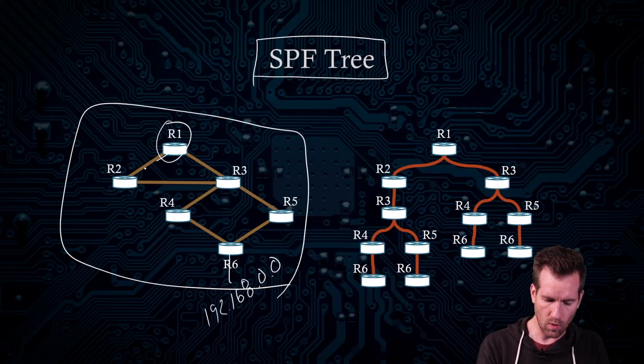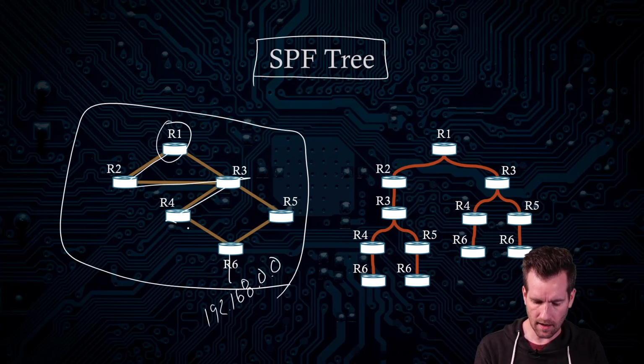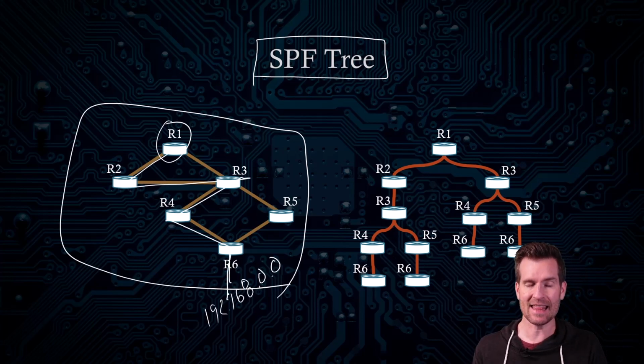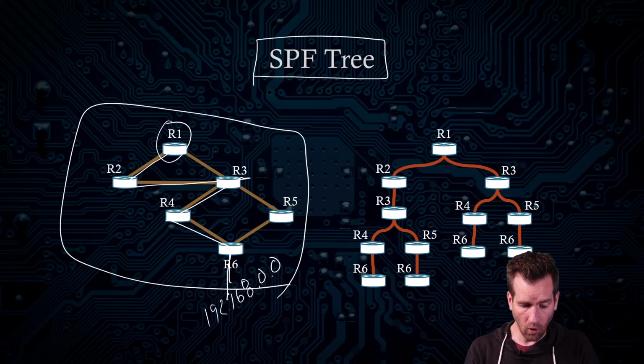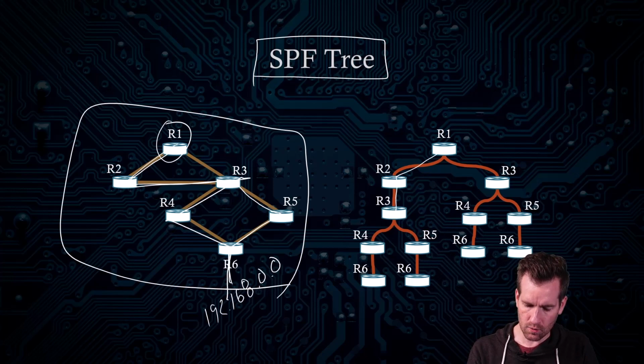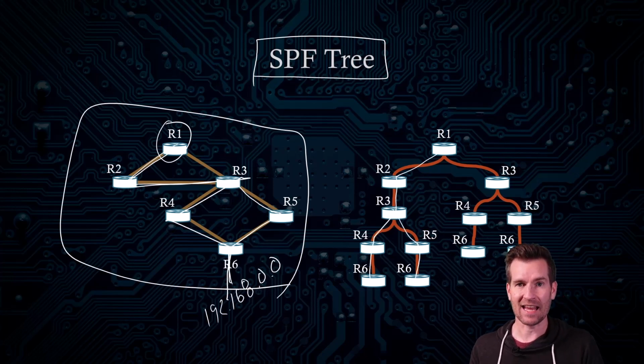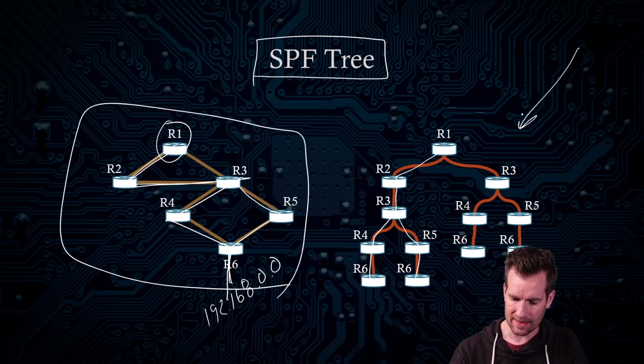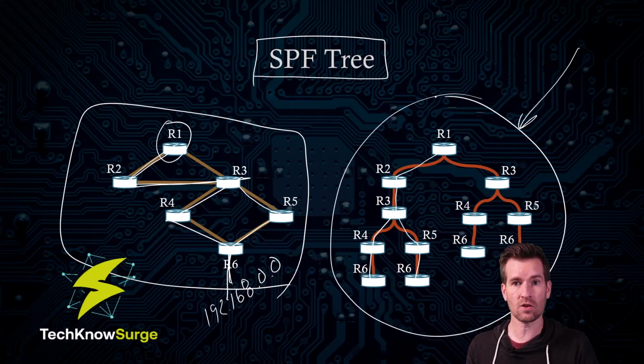So it goes R1, R2, R3, R4, R6, and then it can get to that network. Or it could go R2, R3, R5, R6. And you can see that it starts building this out, R2, R3, R4, R6, or R5, R6, and creating this tree. This is the tree over here that it's creating.